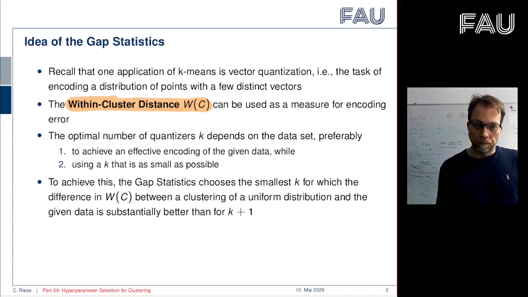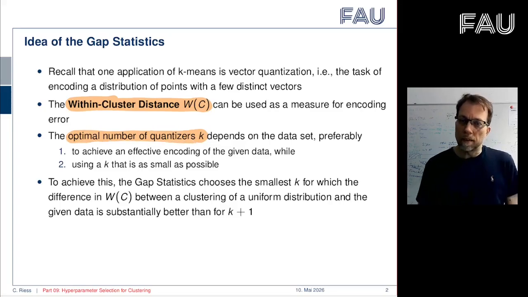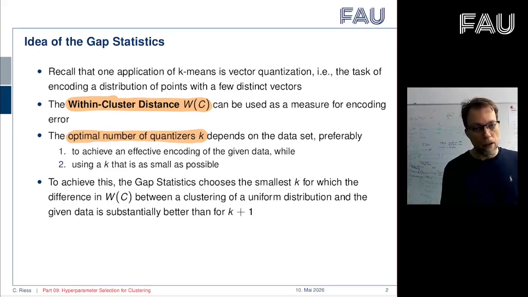And if we now say, well, our goal is actually to do hyperparameter selection, so to choose the k, then we could rephrase this question as the optimal number of our vector quantizers. And what would be the optimal number of the vector quantizers? So we can say, well, it needs to be large enough to achieve an effective encoding of the given data, so with a low within cluster distance.